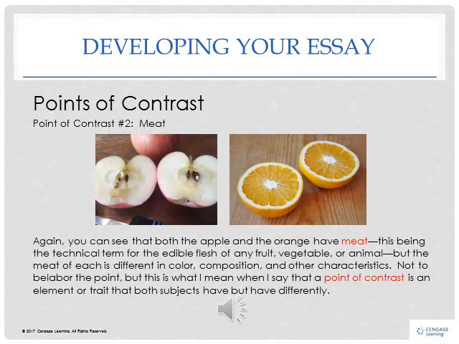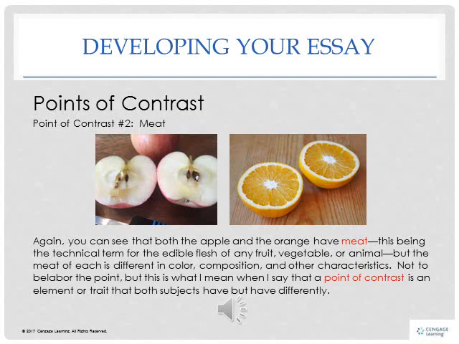We come to the second point of contrast, and that would be the meat. Now, again, you can see that both the apple and the orange have meat. And understand, I know some of you might be saying, well, meat is what you eat when you're eating a steak or chicken, etc. But meat is actually the technical term for the edible flesh of any fruit, vegetable, or animal.